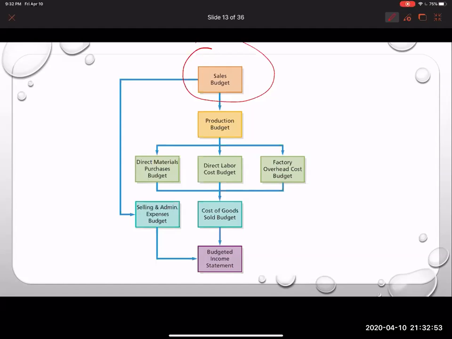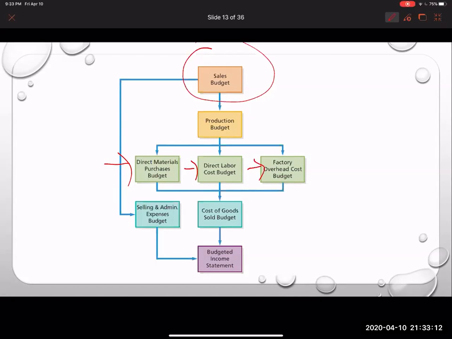And so the sales budget is very key for any manufacturing business, because it will dictate how much production of the particular product we need to make. And from there, it looks at how much direct material do I need? How much labor do I need?